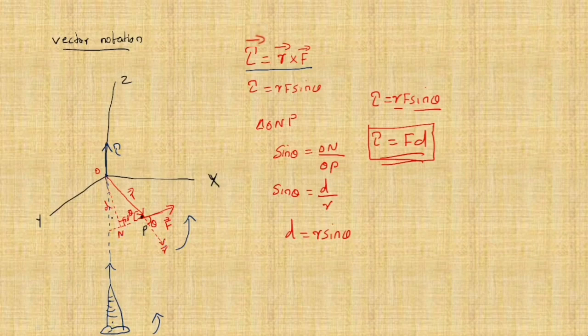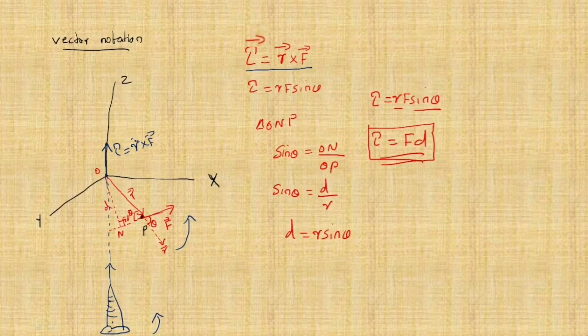Or if you use the right hand thumb rule, curl your fingers from R to F. Now the direction of the thumb represents upward, perpendicular to the XY plane, and that is the direction of torque.